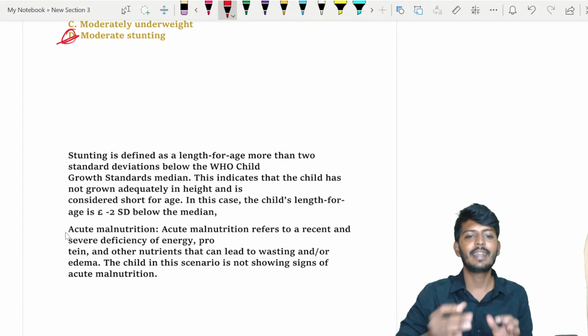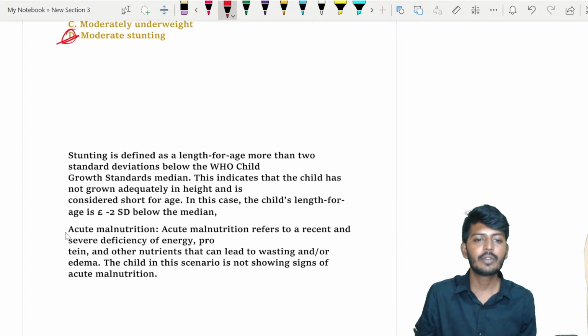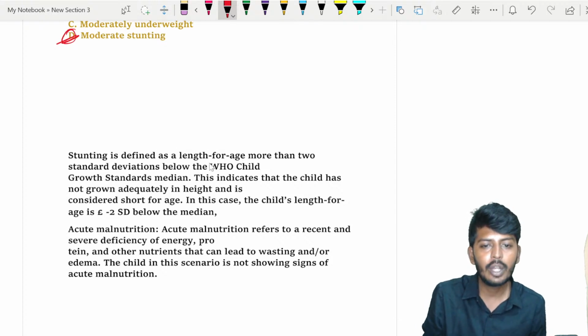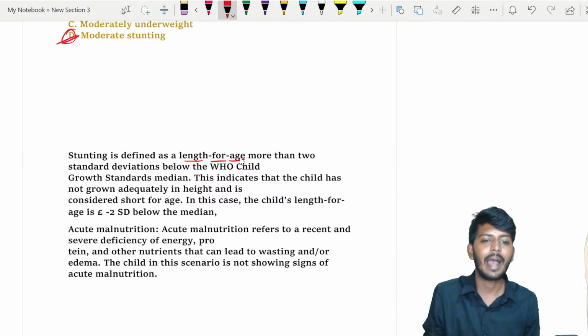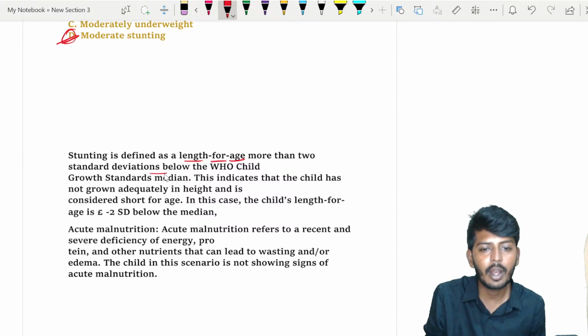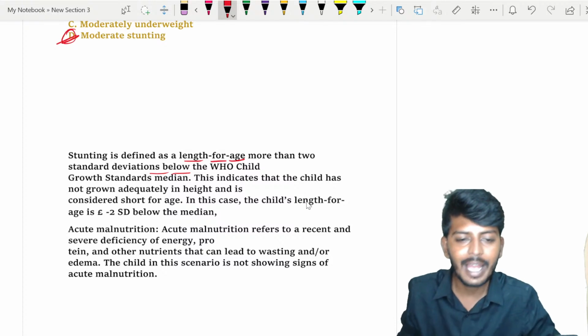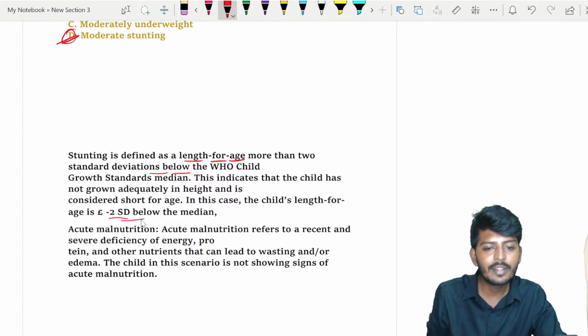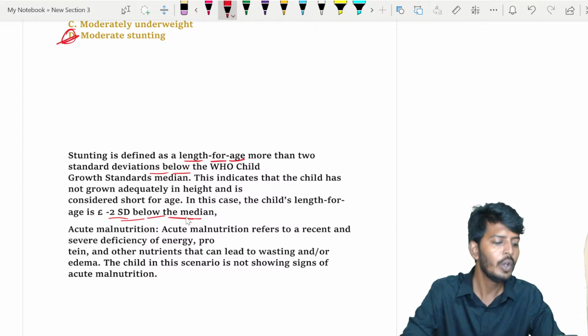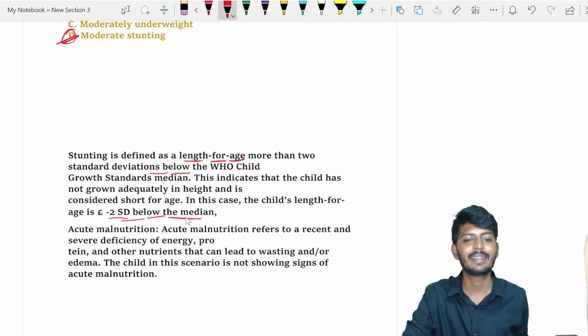So first let's understand what stunting is. When we are talking about length for age, stunting is when length for age is below the normal by standard deviations. The child's length for age is below 2 standard deviations, then we will call it stunting.